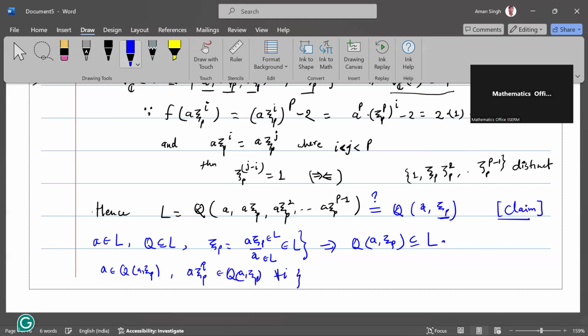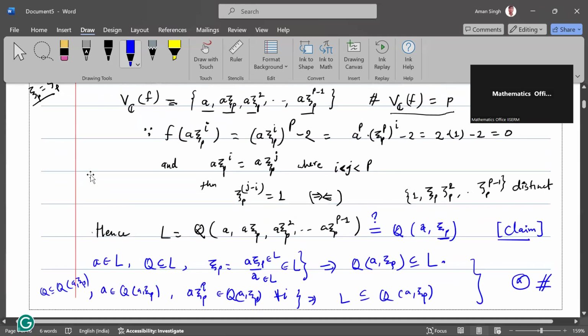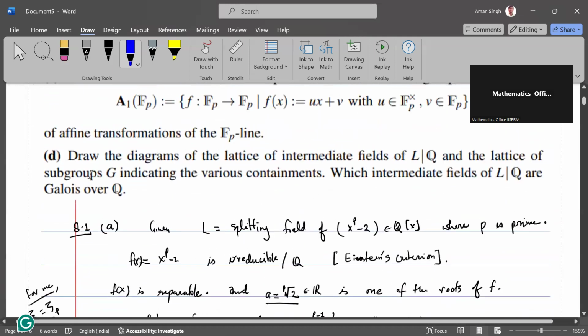So this implies L, and Q is anyway a subset of Q(a, zeta p). So this implies L is a subset of Q(a, zeta p). So this is done. Okay, so I hope you understood this. If you have doubt, you can write in the comment box. Okay.